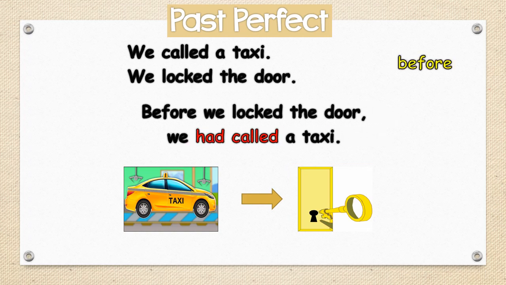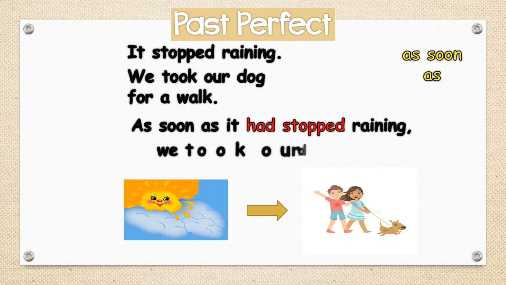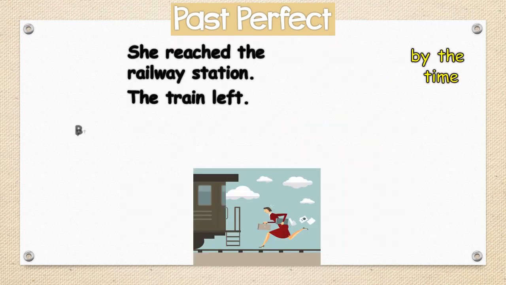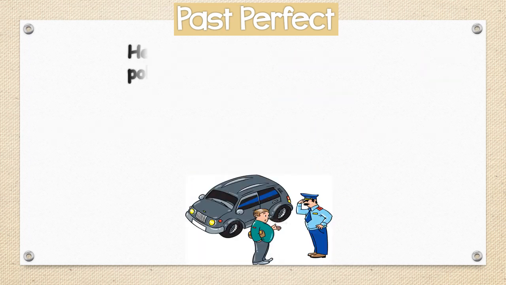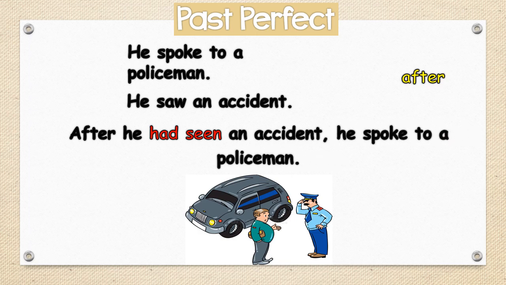Before we locked the door, we had called a taxi. As soon as it had stopped raining, we took our dog for a walk. By the time she reached the railway station, the train had left. After he had seen an accident, he spoke to a policeman.